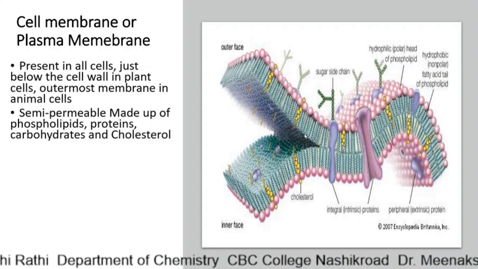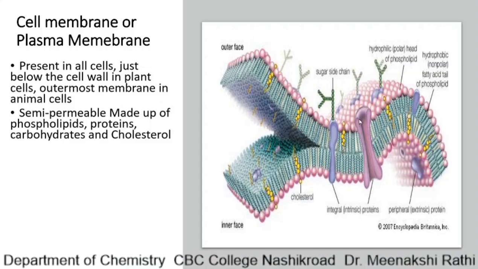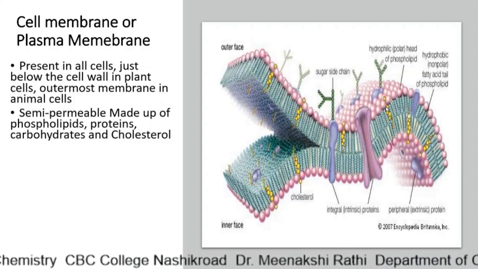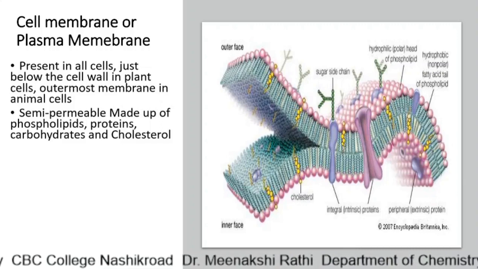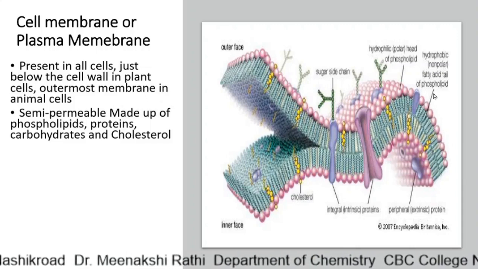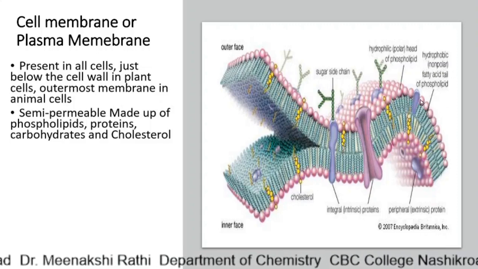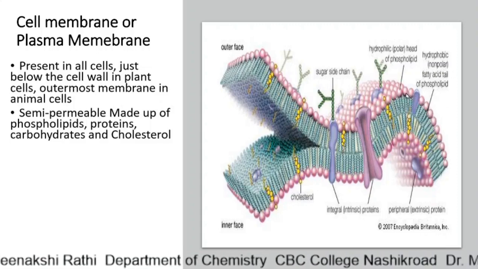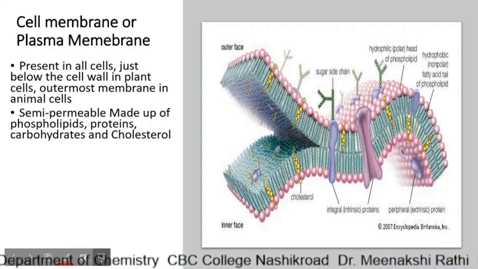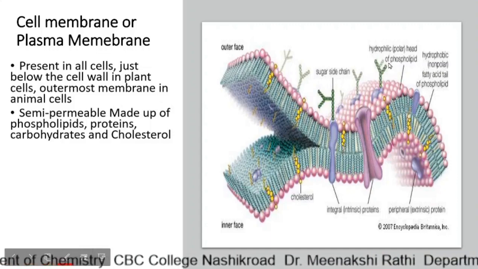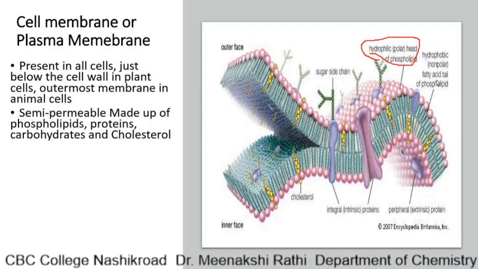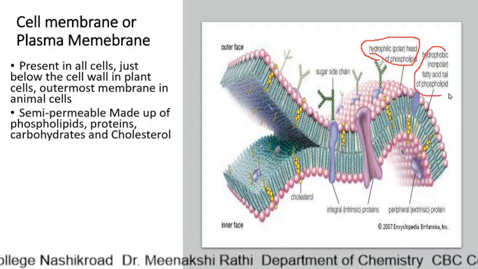Here you can see the plasma membrane. It is made up of two layers. The upper part of the layer is hydrophilic in nature, and the inner part is hydrophobic in nature.